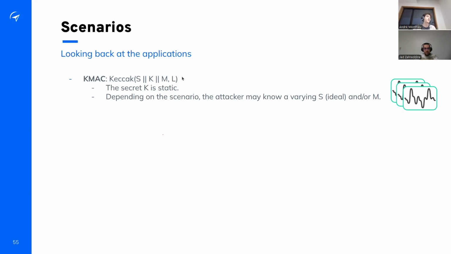In KMAC, the secret K is static, and depending on the scenario, the attacker may know a varying customization string S, which would be ideal for the attacker, and/or a varying known message M. In that case, KMAC could very well be targeted with differential attacks, as the attacker may acquire multiple traces with the same secret and different public data.